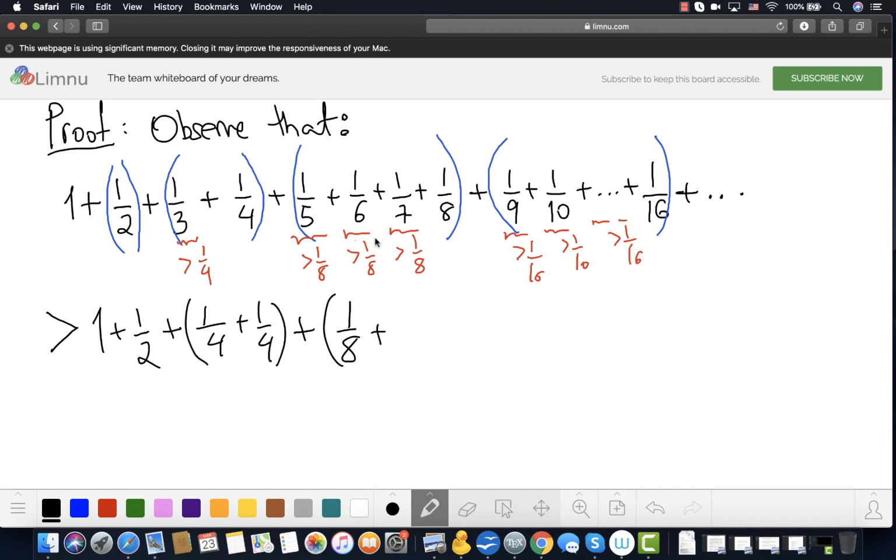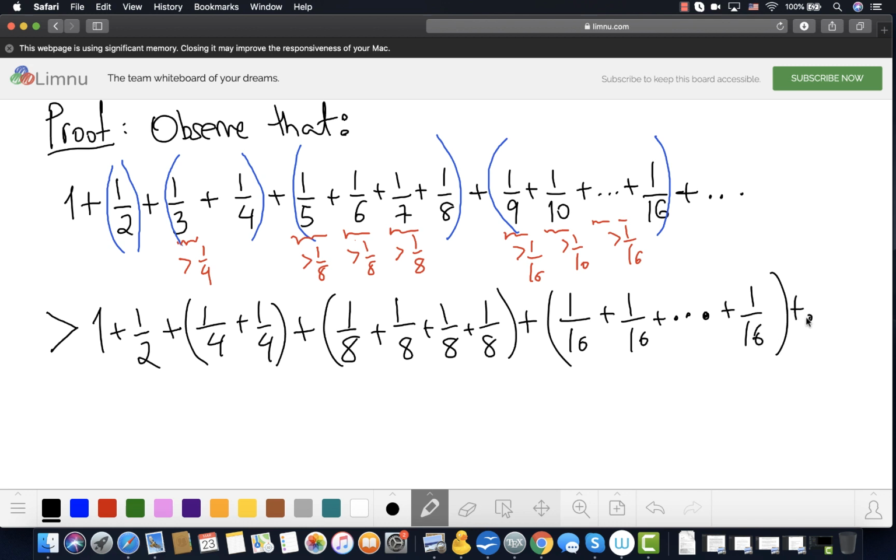So this quantity in this group is bigger than 1/8 plus 1/8 plus 1/8 plus 1/8. And similarly, there are 8 terms here, and each of them is bigger than 1/16. And the last one is exactly 1/16.